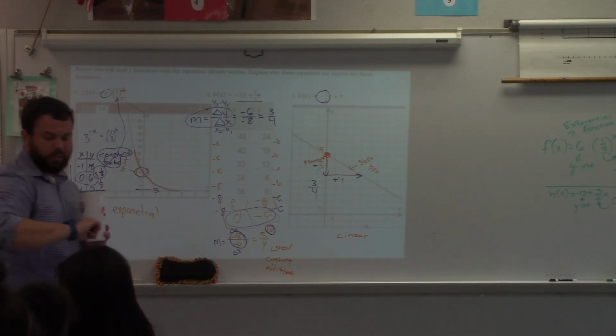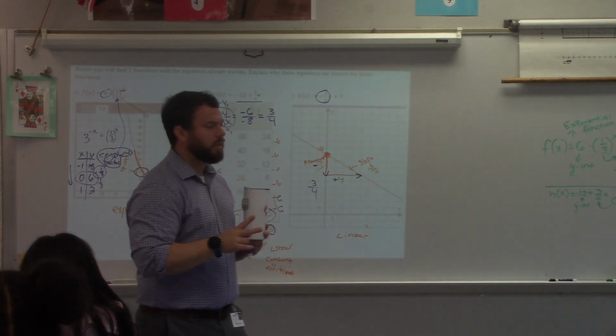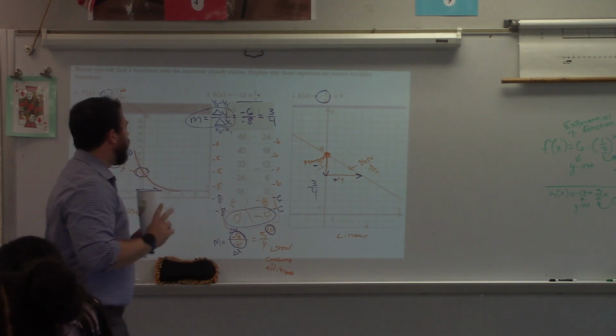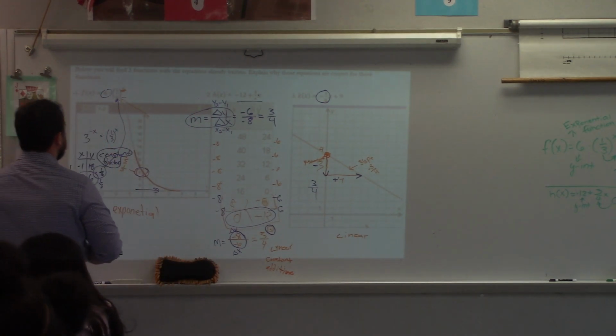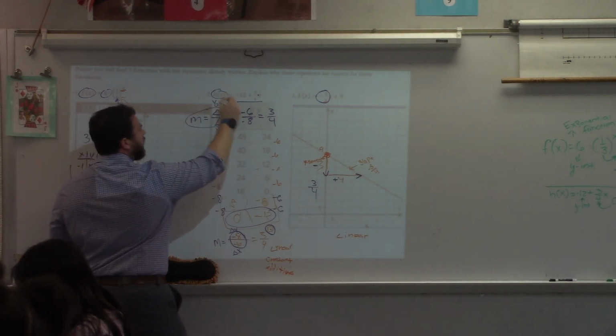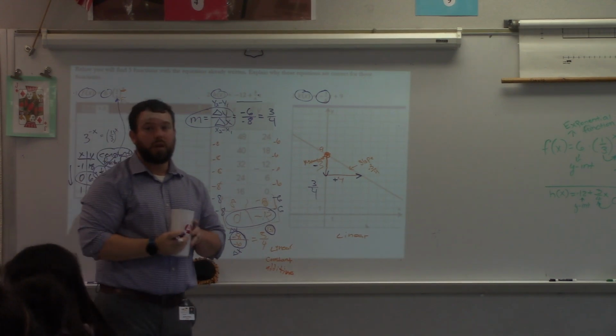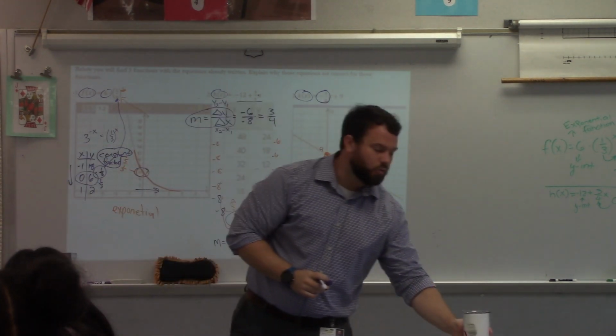All right, while a couple people are finishing up their last bit of notes, two things I want to talk about because this is a great question that I had from two different people. One, I do want you to note f of x, h of x, k of x. You can use whatever function notation you want.